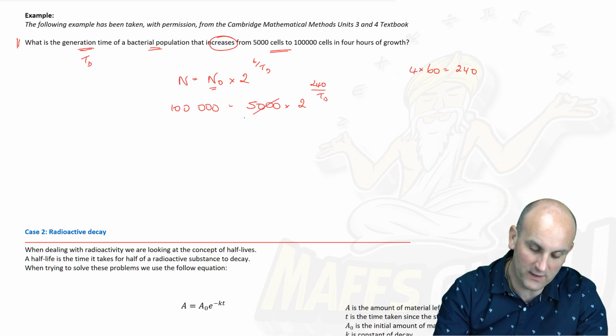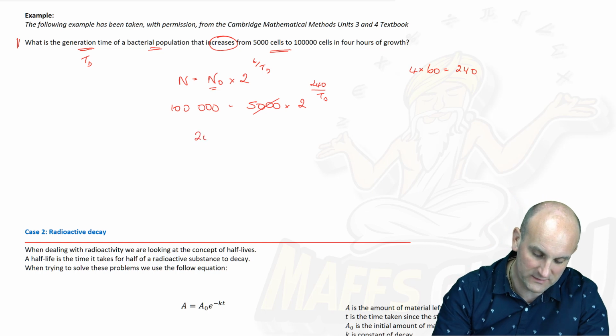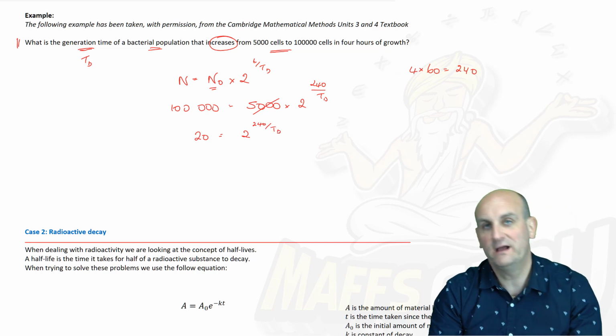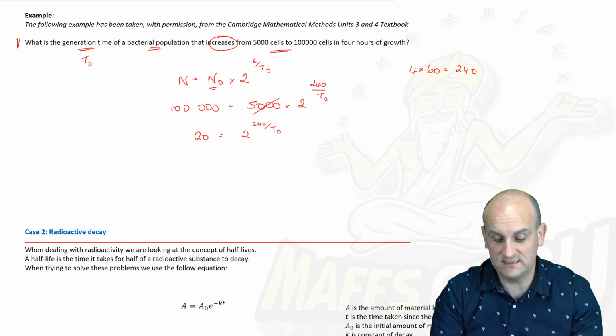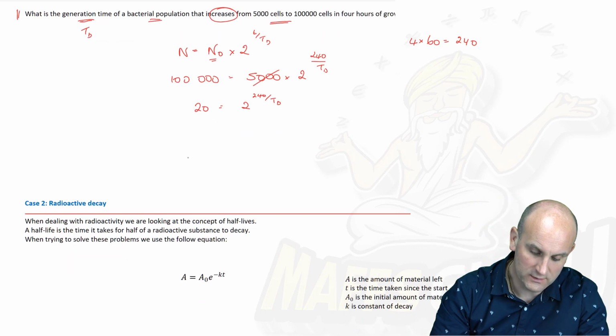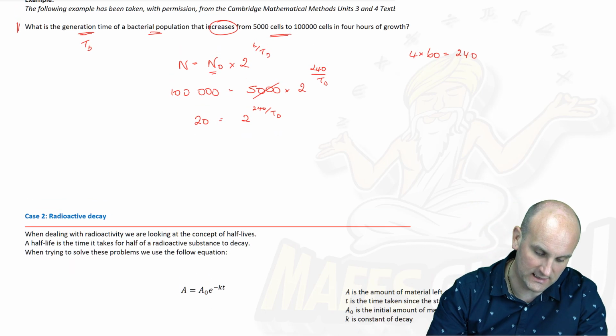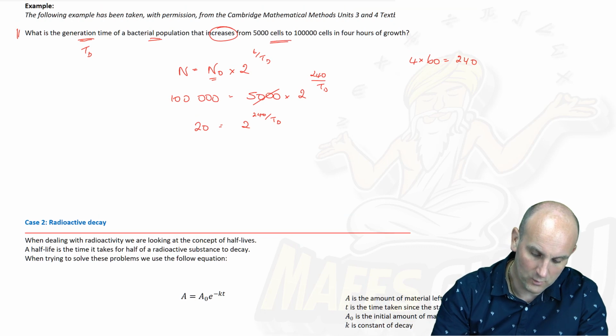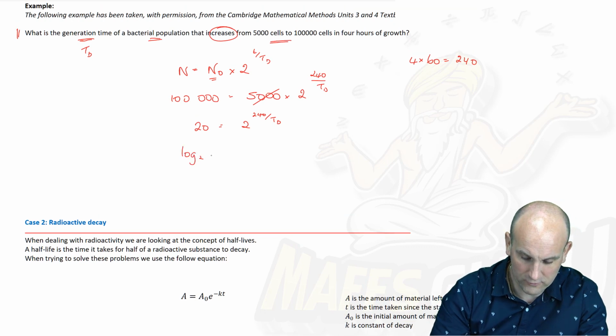All right, so dividing both sides by 5,000 gives me 20 is equal to 2 to the power of 240 on TD. I'm going to take logs of both sides to get rid of that 2, right? So anything that's to the power will then come down. Let's bring it down. We get log 2 of 20 is equal to 240 on TD.